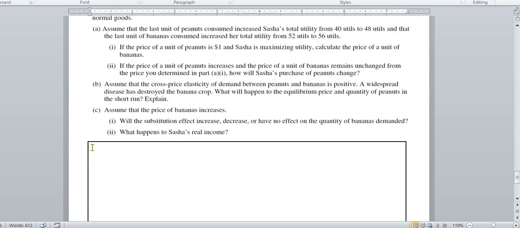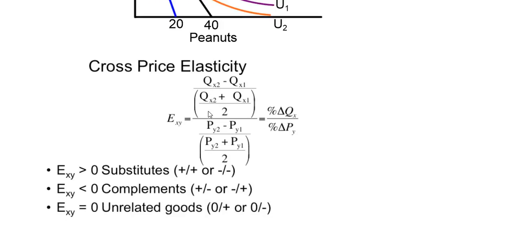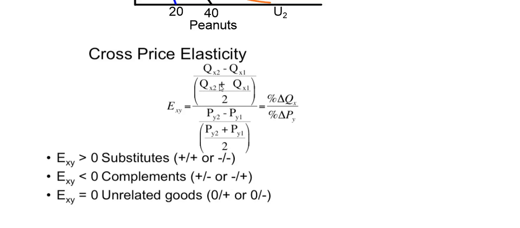Well, if we look at our formula right down here for the cross price elasticity, and if it's going to be positive, in other words, both the numerator and the denominator are going to be moving in the same direction.